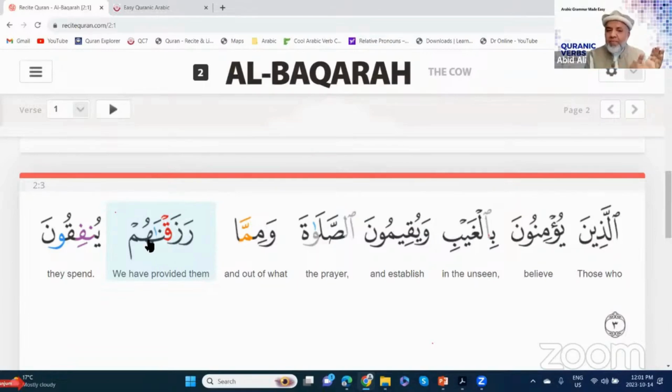Them. So what we have provided them, what do they do out of that? Yunfiqun. They spend out of what we have provided them. So this razaqnahum belongs to our lecture today and is a complete verbal sentence with the verb, the fa'il, and the maf'ul. The maf'ul and the fa'il are both inside. Razaqna has the nahnu, and the hum is the attached pronoun for the third person.